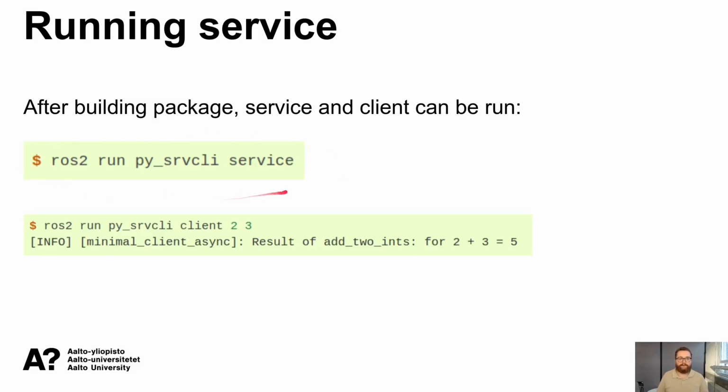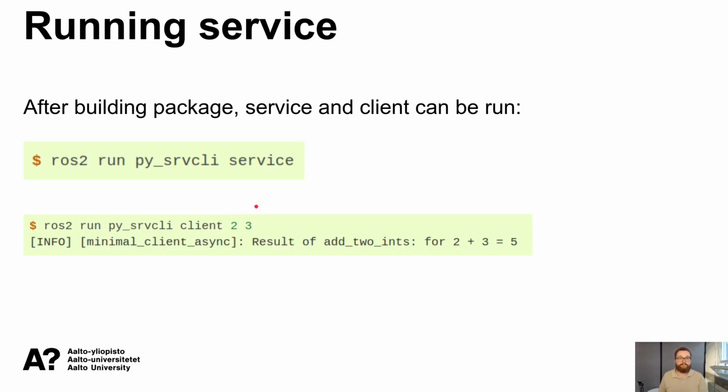We ROS2 run, again the package name, and then the name of the entry point for that node. And here is how you would run that Python implementation of the client. And as said, the actual executable implementation is a bit more complicated since it's taking these variables as an input.